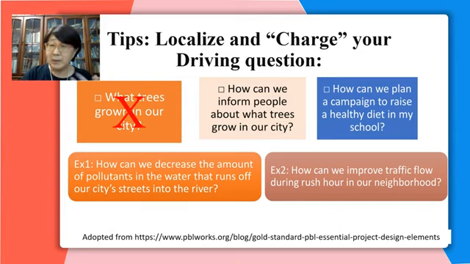And at what time? During rush hour. So even though these driving questions may not be the ideal ones, this is a tip for you, and maybe you can think about how a driving question could be ranked as very good or excellent.